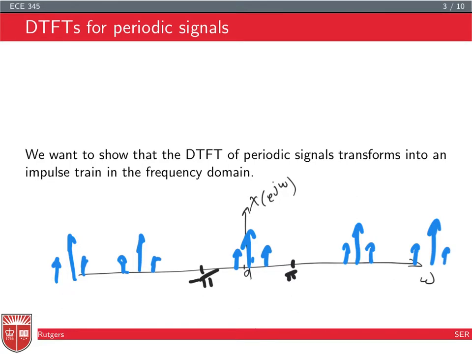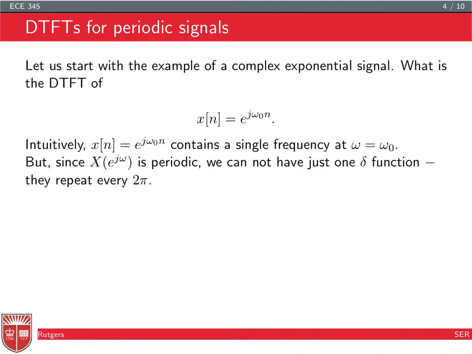And I want to describe this in more detail in the next few slides. Let us start with an example. Let's suppose we are interested in finding the DTFT of a complex exponential signal, which looks something like this here.